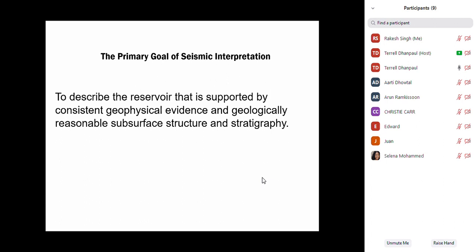Whether the reservoir, whatever form it might take, it might be an anticlinal feature, it might be an unconformity trap, it could be a stratigraphic trap, it could be a tilted fault block, all different types of traps that hydrocarbons are essentially in. Okay, so that's basically the goal of seismic interpretation.